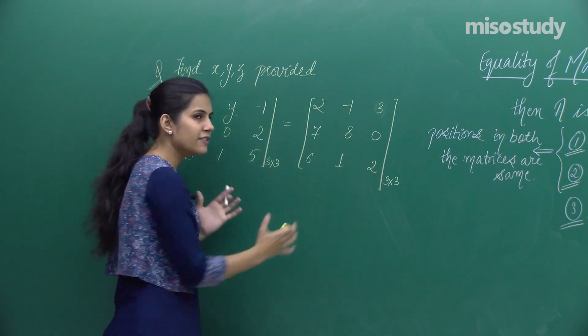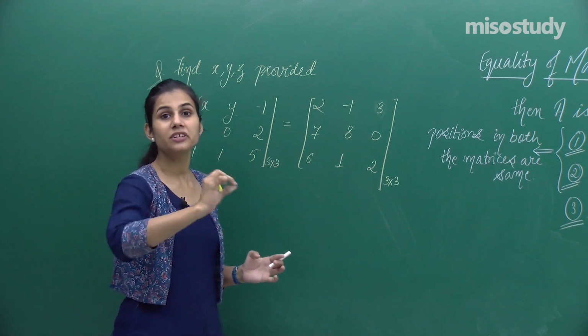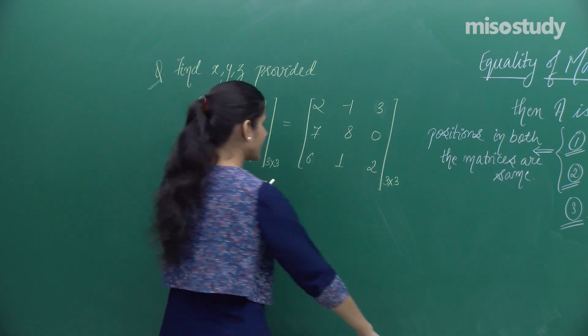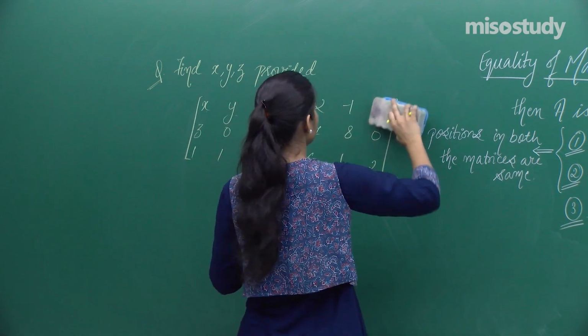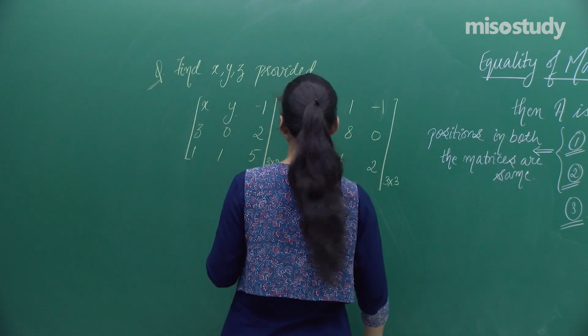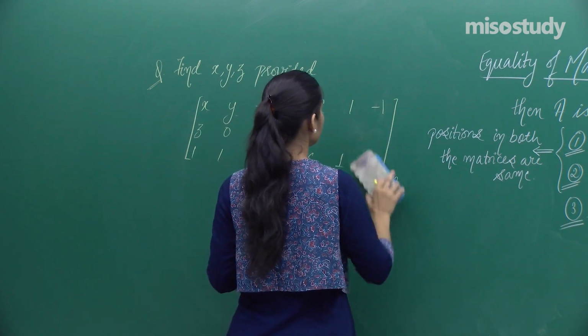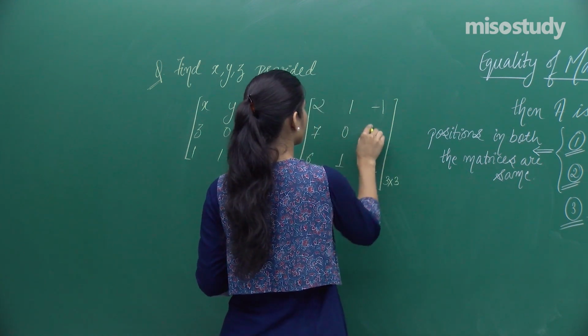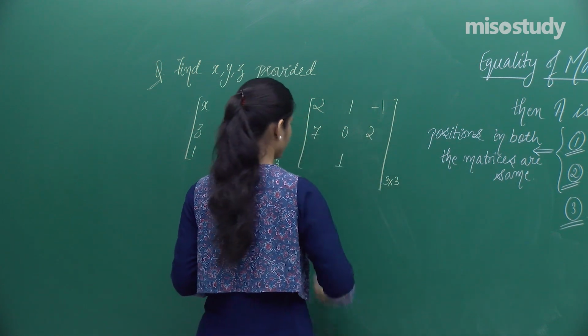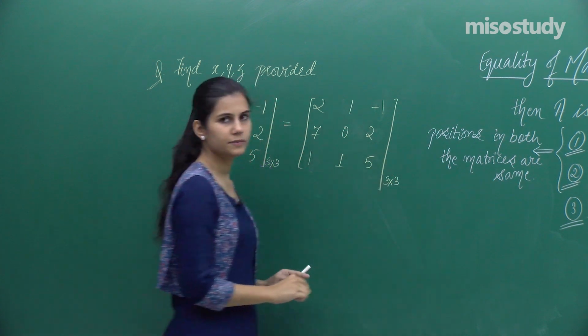If the matrices are given to be equal, that means the elements sitting in the respective corresponding positions are also same, isn't it? Over here what I can say is, this would actually be minus 1, this would be 0 and 2, and this would be 1 and this would be 5.